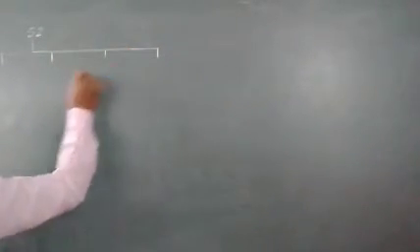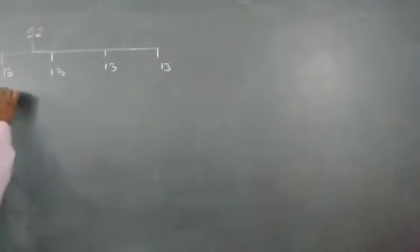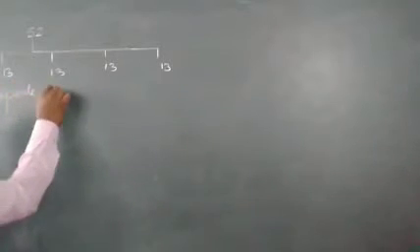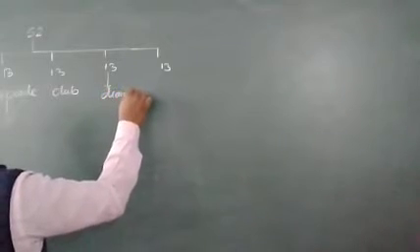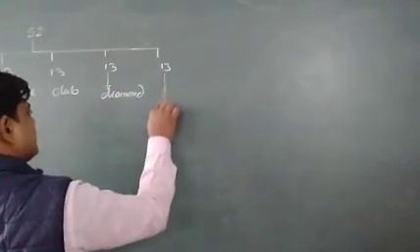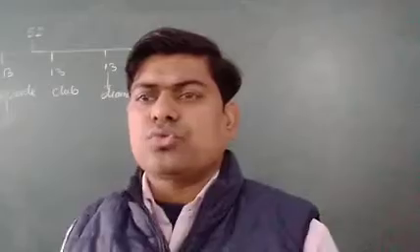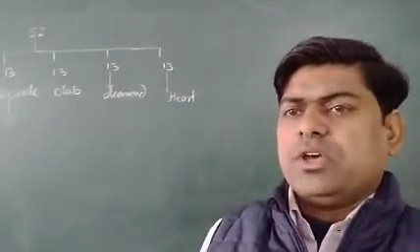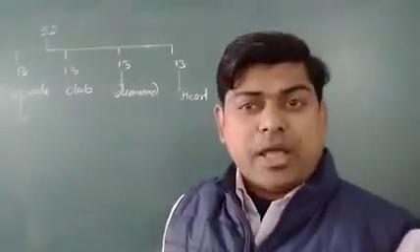It is divided into 4 parts, as I told you now. I can take 1, 2, 3 and 4. In each I am having 13 cards. They can be written as spade, then club, then diamond, and the last one is heart. A few things I want to tell you, because when we do questions, definitely these words will be there, to find the probability of a red color card or a black color card.